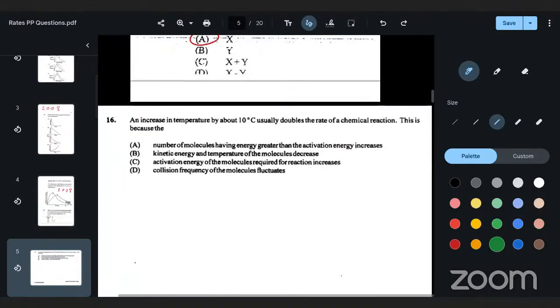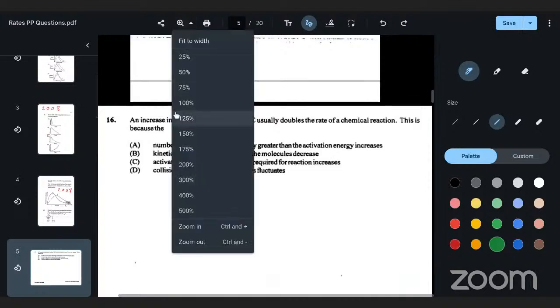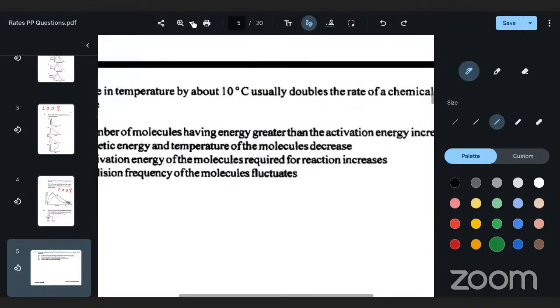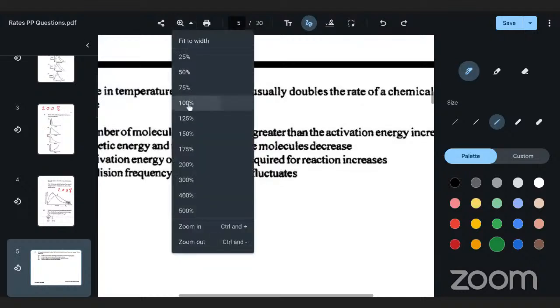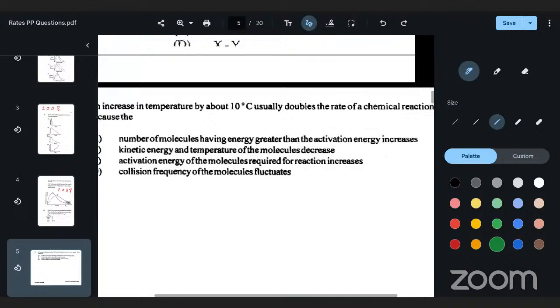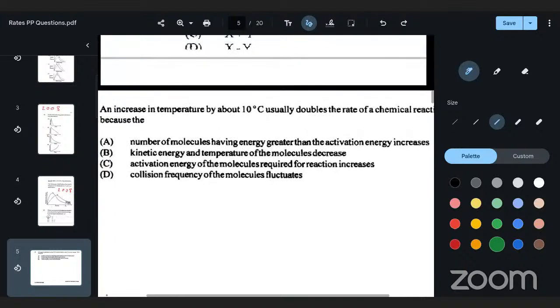All right. This one says an increase in temperature by about 10 degrees Celsius usually doubles the rate of a chemical reaction. This is because, all right, which of these options seems plausible? A, sir. Everybody agree with that? Or any other options?